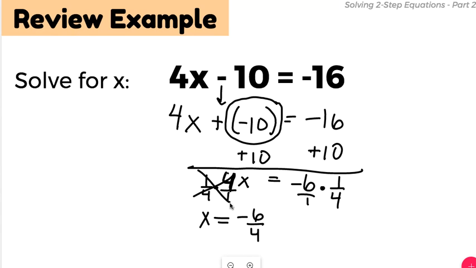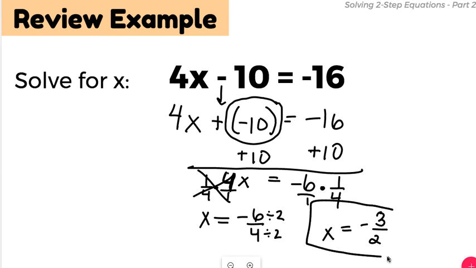On the left side, my numbers are canceling. Remember, negative times a positive is negative. Now let's simplify, and I get x equals negative 3 over 2. Remember, it's okay to get a fraction. Nothing wrong with that.